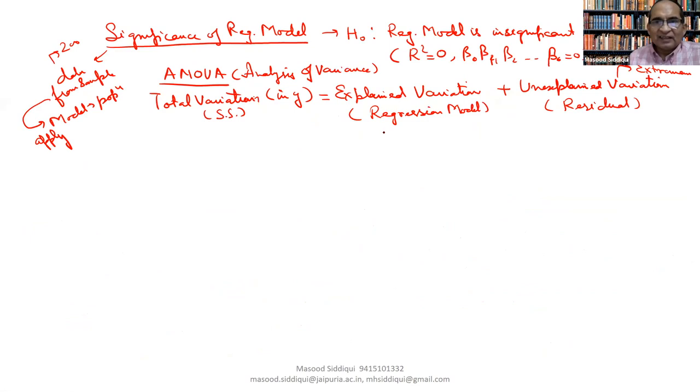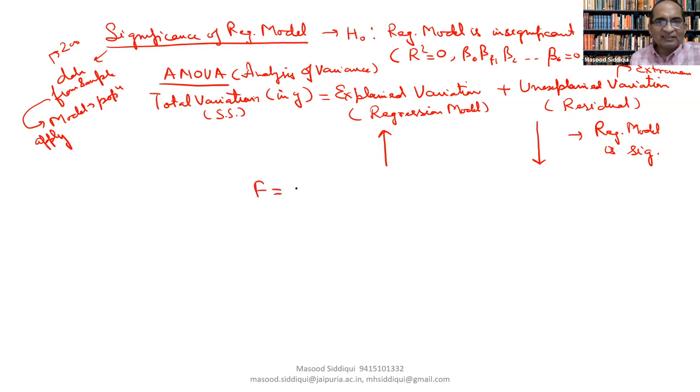Suppose this explained variation is very high. If explained variation is high, obviously unexplained variation would be low, meaning much of the variation is because of the regression model. Then you can say we have a good or substantial regression model, that the regression model is significant. Now we consider the ratio of these two variations.